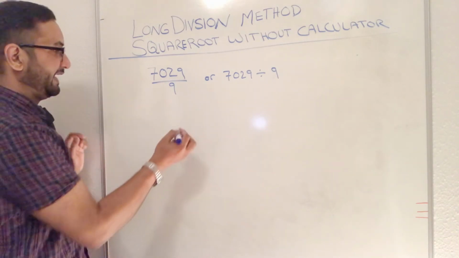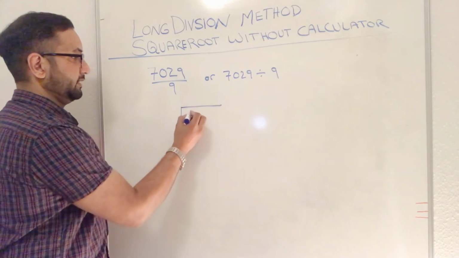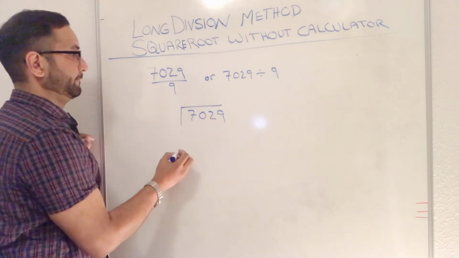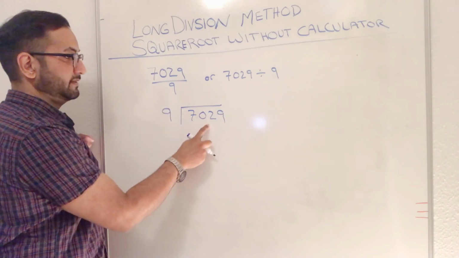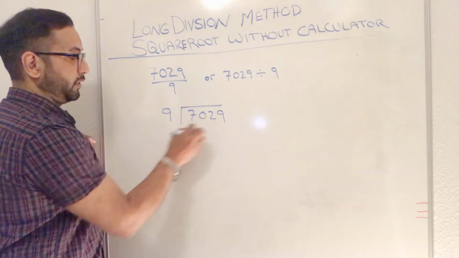So we have to draw it like that: 7029, and outside is 9. This is the dividend, and we are dividing by the divisor.